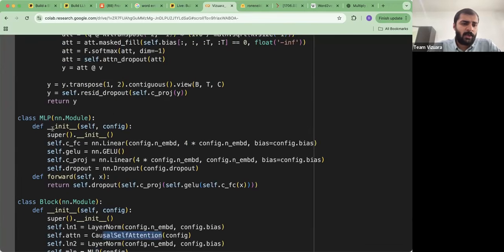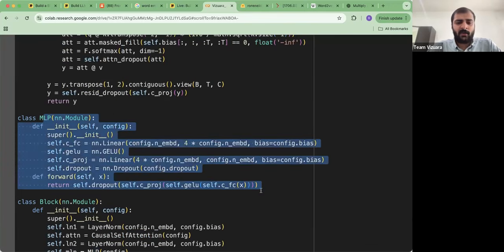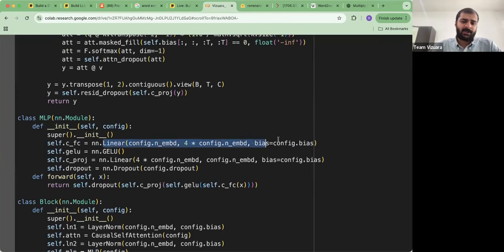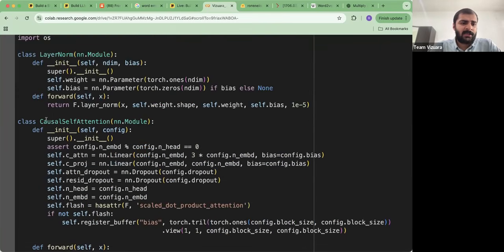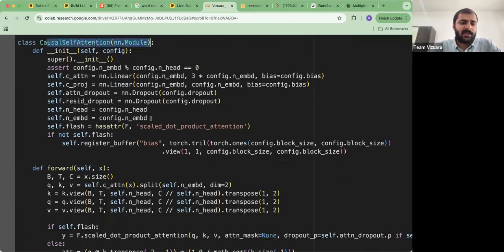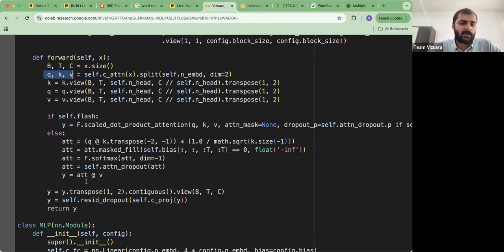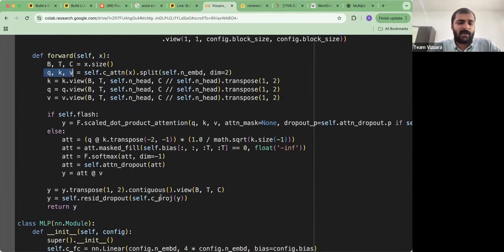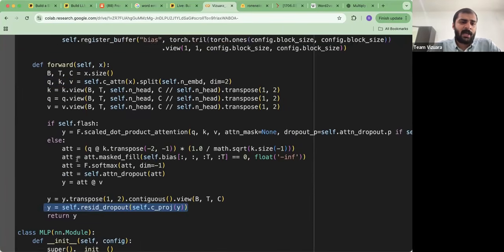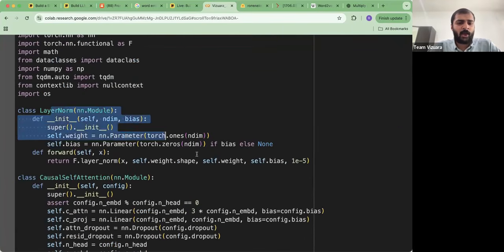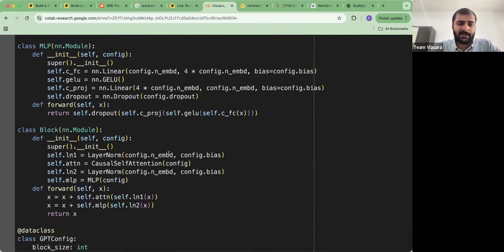If you scroll above, you will see the feed-forward neural network, which we saw, the expansion block and the contraction block. If you scroll further above, you will see a block for causal self-attention. This includes the query, key, and value computation, which we just saw, converting queries, keys, values into a context vector. And if you scroll further above, you will see the layer normalization block, which is essentially subtracting the mean and dividing by the square root of variance.